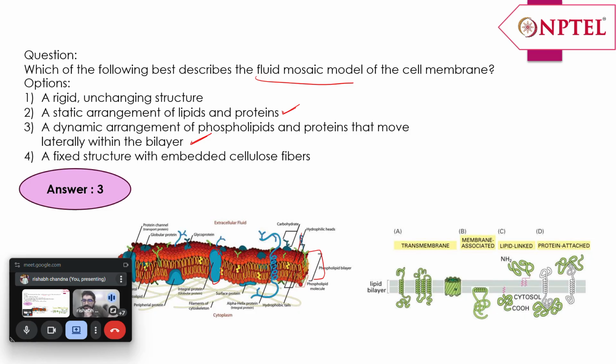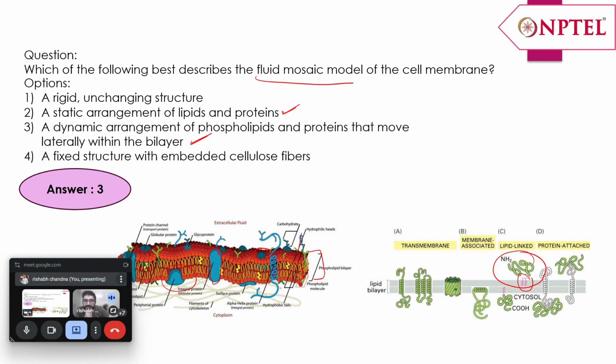Then there are certain proteins that are linked to the outer surface of the membrane only, and some proteins that are linked to the inner surface only. So these are membrane associated proteins. Now we have certain proteins that are linked to the lipid.